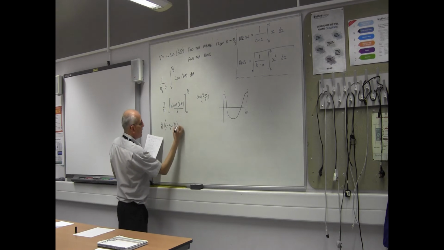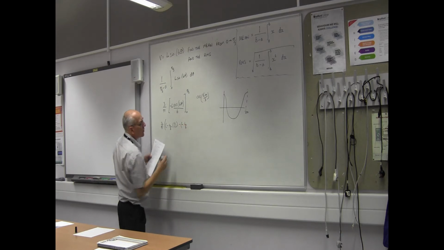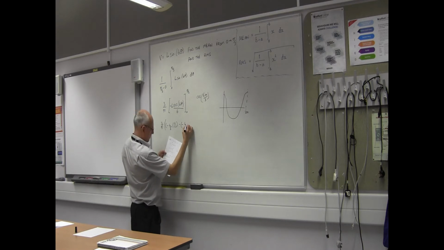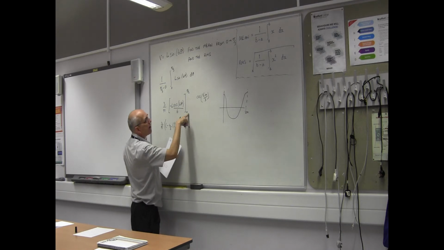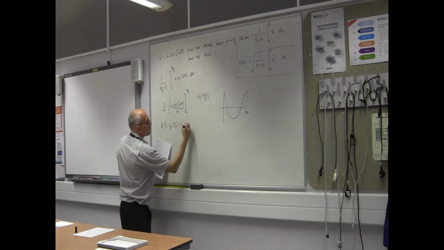And then it's going to be minus, minus, same again, 4 over 6, or 2 over 3 if you prefer. And again, putting 0 in, that's this point here, again it's just 1, isn't it? So it's going to be times 1 again.